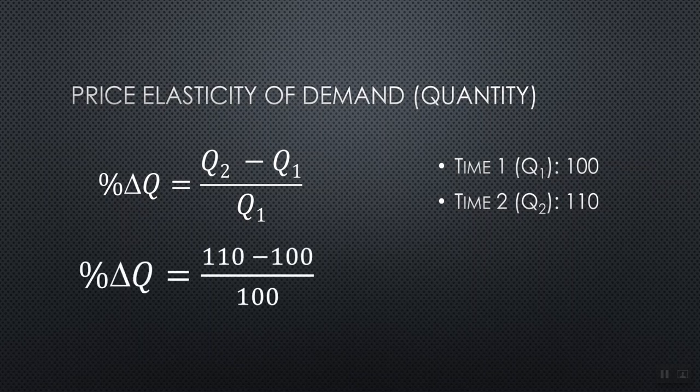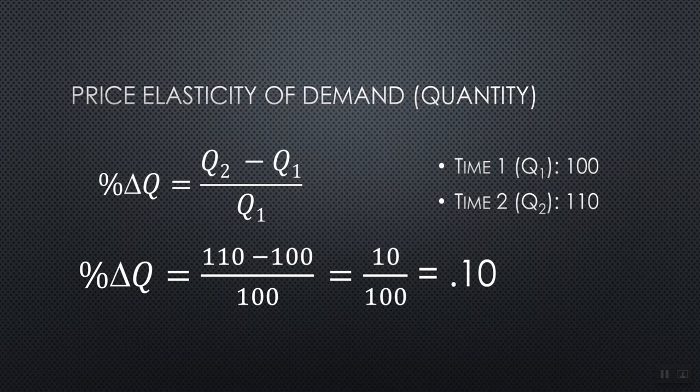So we have quantity 2 or time 2, the demand at time 2, we sold 110 at that particular price point. Subtract that from time 1, which is 100, and then we divide that by 100. So if we calculate the numerator, 110 minus 100 is 10 divided by 100, ultimately gives us a percentage change in quantity of 0.10.